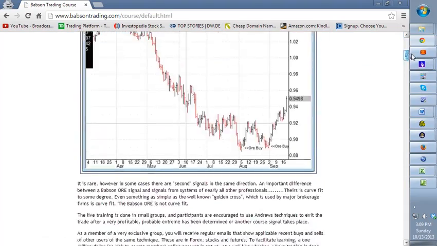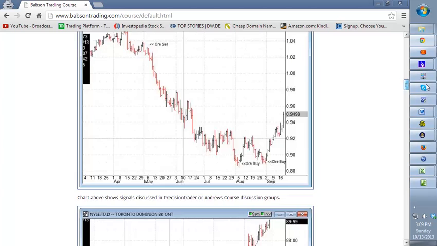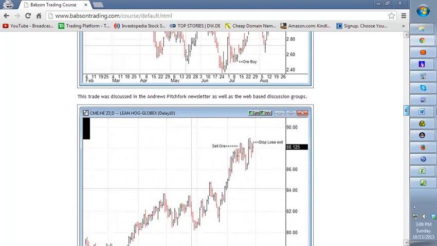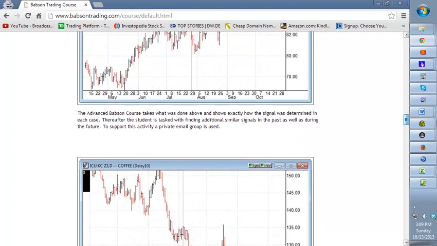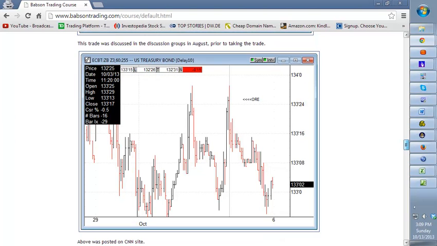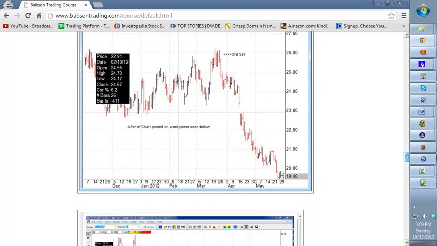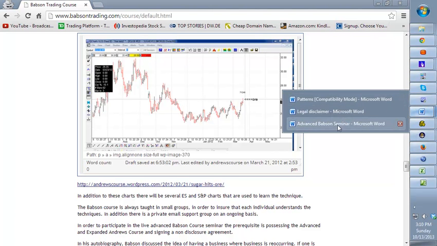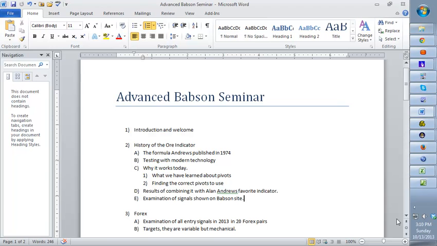On the Babson site, we go over a whole bunch of different signals, and we're going to take these apart, and you'll see exactly what was done in each case. You'll see it's the same thing, really. It all fits what we're going to be discussing today. Okay, let's move back. Okay, so we're going to do that.